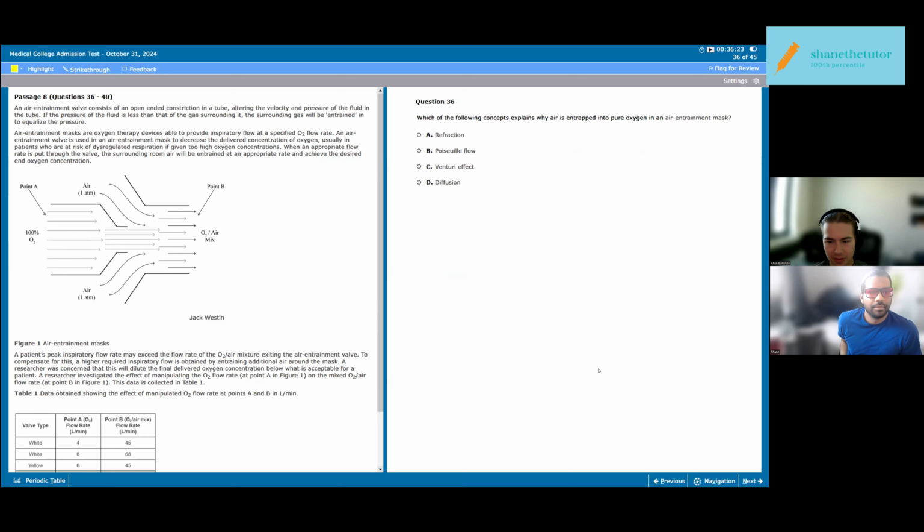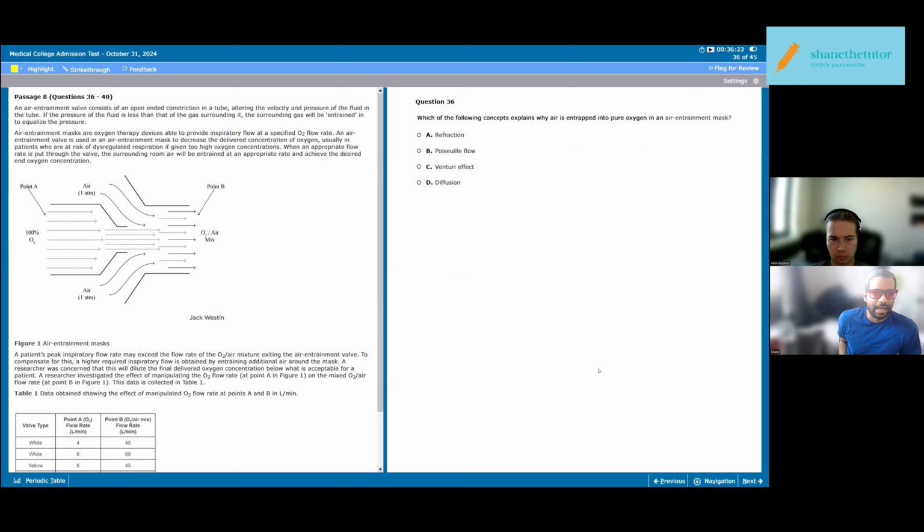So, in the first paragraph, we say that there's an air entrainment valve, which is an open-ended constriction in a tube, and that alters the velocity and pressure of the fluid in the tube. That fluid would be like oxygen in this case.